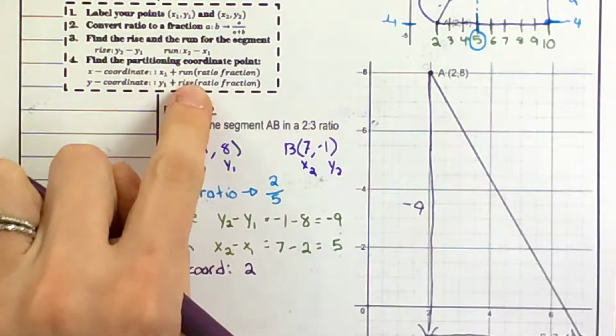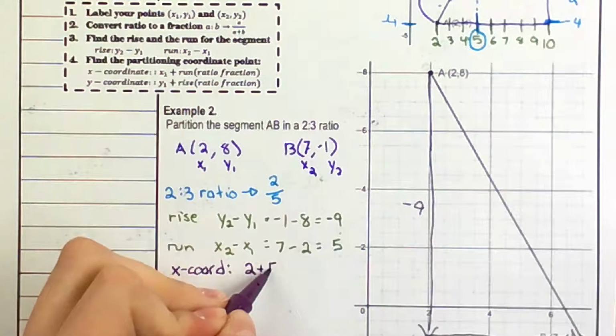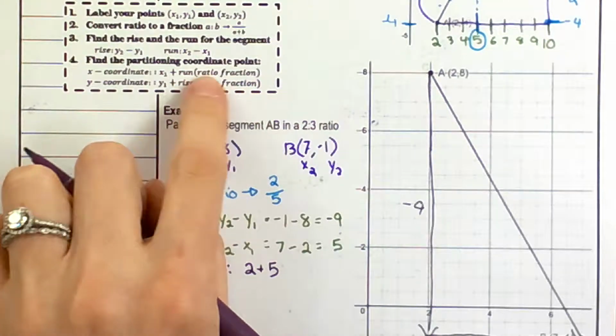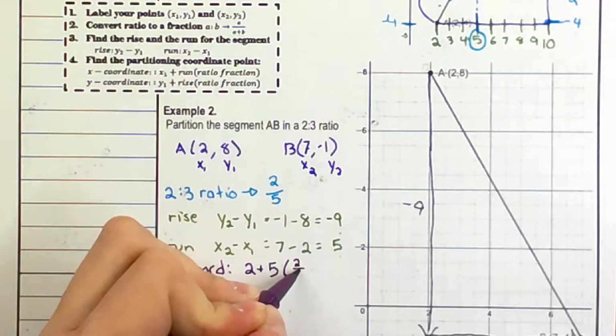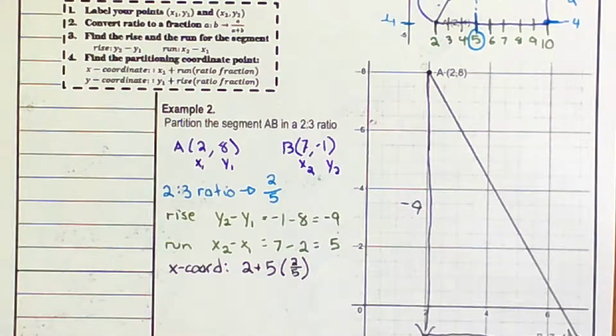Then I'm going to add my run. My run is 5. Then I'm going to multiply it, because that's a times sign, by the ratio fraction, which is 2/5.